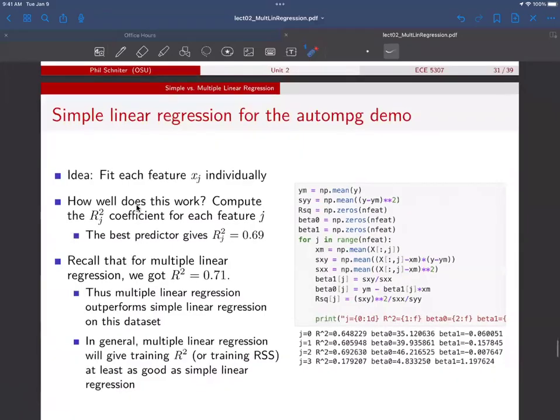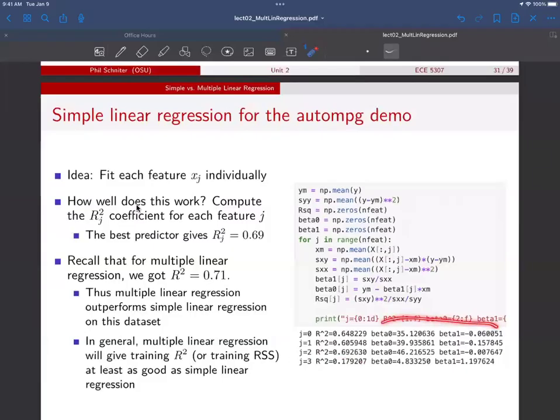And then if we use the j equals 1 feature, we get 0.61. If we use j equals 2, we get 0.69 and so on. J equals 3, not as good. We're only getting 0.18. So you can see that none of these are as good as using all the features simultaneously.